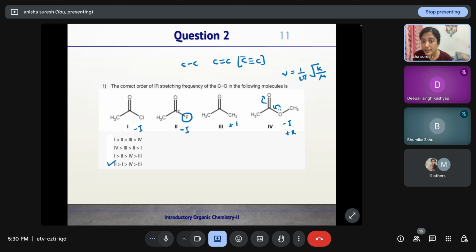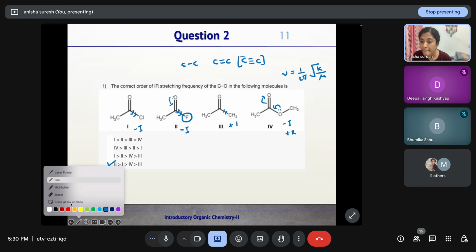In this case, this bond will have a triple bond sort of nature. Okay. But in this case, the electron density is being donated towards it, so this bond strength will be decreasing. Is it okay? Yes, ma'am.